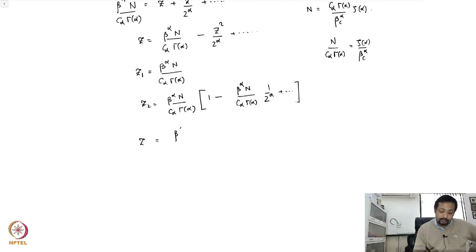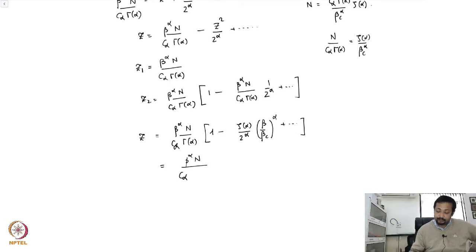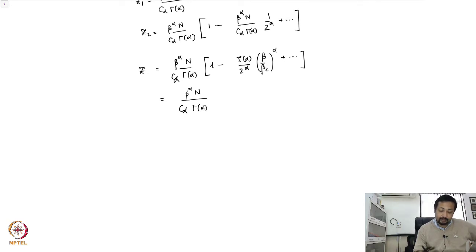So I will just write down this C_alpha Gamma(alpha) times 1 minus zeta alpha divided by 2 to the alpha, beta over beta_c raised to the power alpha, plus higher order terms, which gives me beta to the power alpha n divided by C_alpha times Gamma of alpha, 1 minus zeta alpha over 2 to the power alpha, Tc over T raised to the power alpha plus higher order terms.